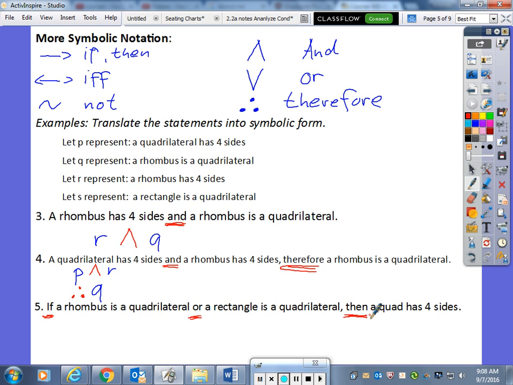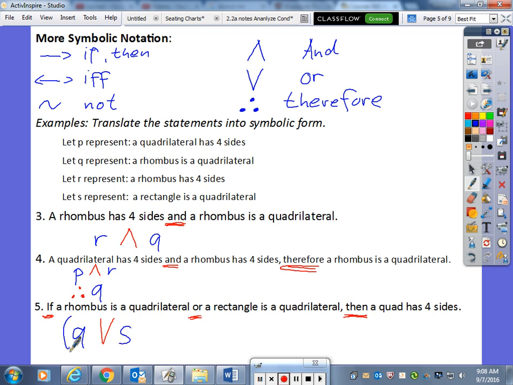Let's look first at the 2 things that are actually part of our hypothesis. A rhombus is a quadrilateral. In other words, Q or, using our V symbol, a rectangle is a quadrilateral, which is represented by the letter S.